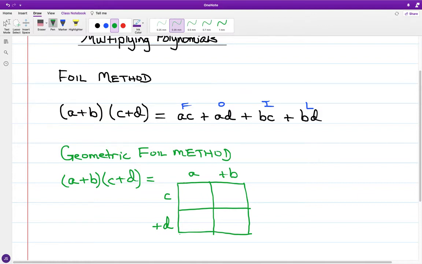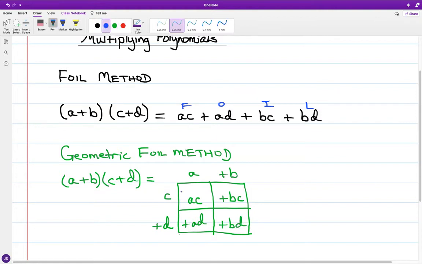With this arrangement, in the first column you have a times c. Then for this section, you have a and d, so you have plus a times d. For the second column, you have c and b, so you have plus b times c. And with the completion of the second column, we have b and d intersecting, so you have plus b times d.